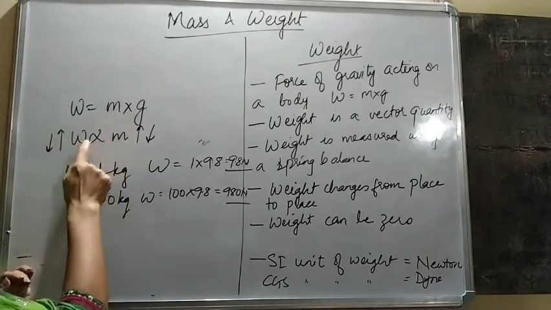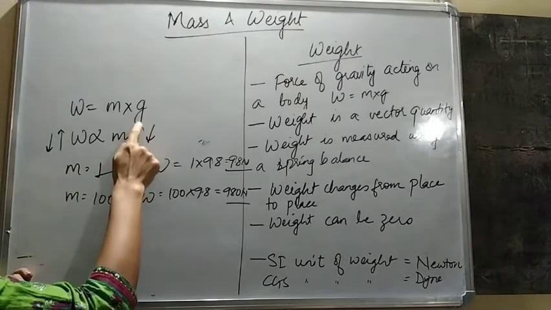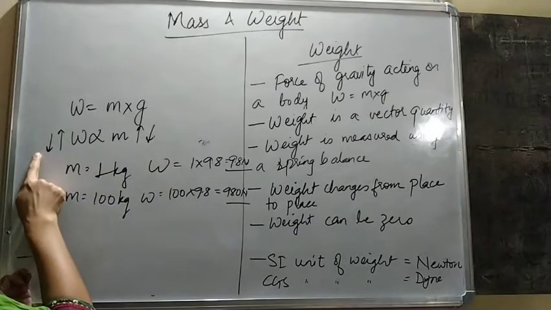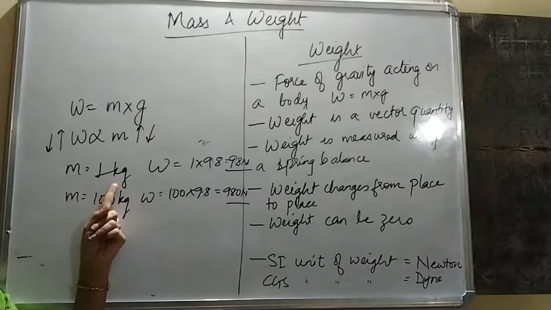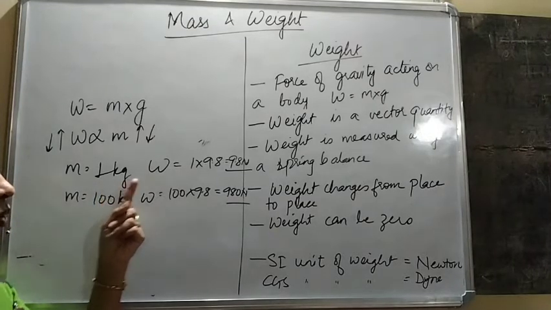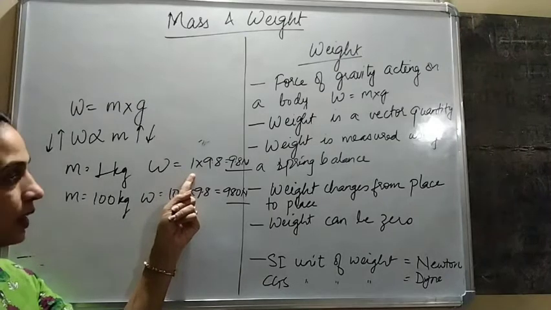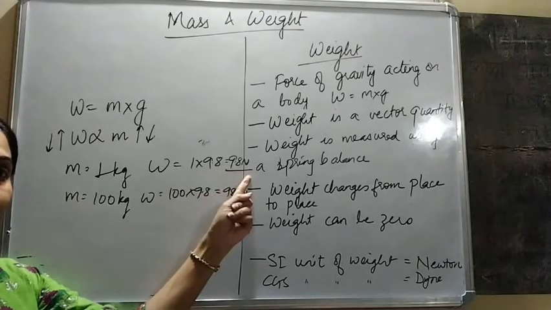That means weight is directly proportional to mass. If mass is more, weight will be more. If mass is less, weight will be less. If you take a body having mass 1 kg, what will be its weight? 1 into 9.8, so that will be 9.8 Newton.